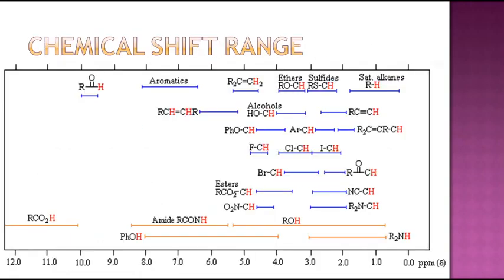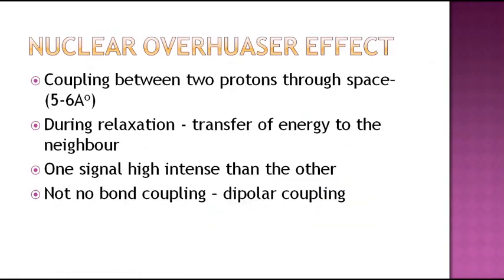But in some cases, due to molecular arrangement, there is a possibility that two protons come close to each other, but there is no bond between them. There is a coupling between these two, but this coupling does not lead to splitting of the signal; instead there is a change in intensity of the signal.